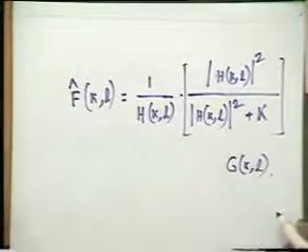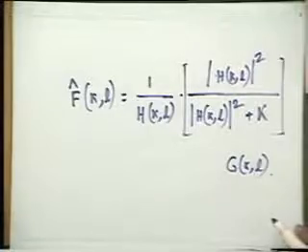So G of mn is given to us in the spatial domain. We can compute GKL. The impulse response of the degradation model, you assume that the point spread function or rather the impulse response is known to you. So you know what that impulse response is going to be in the frequency domain.